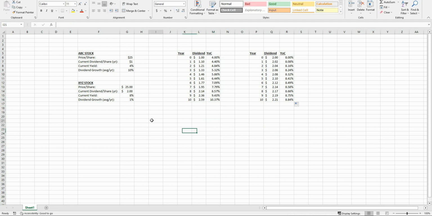Now, of course, if you need current income now, then going with the current high yielding stock wouldn't be too bad of an idea. But again, if you're a younger investor, you definitely want yield on cost to grow for you. That way you can, of course, get as much money for the initial amount of cash that you invested.